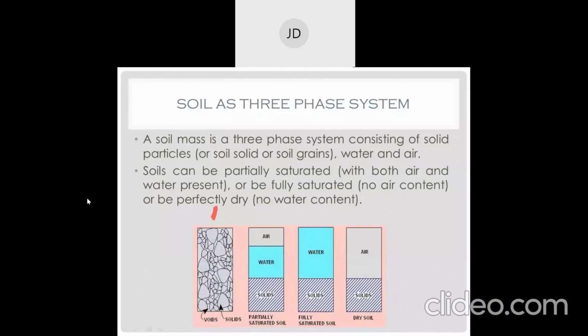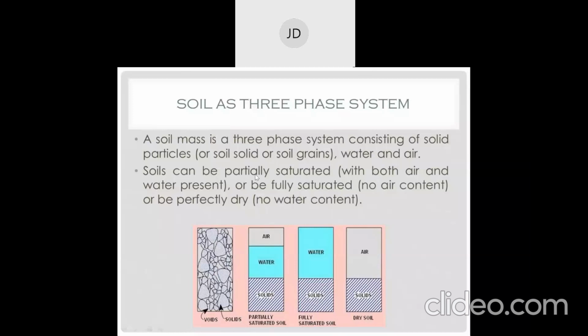Can you see the vacant space? For example, this is vacant space, here, this one also, here also. All these are vacant spaces. These vacant spaces are actually known as voids.